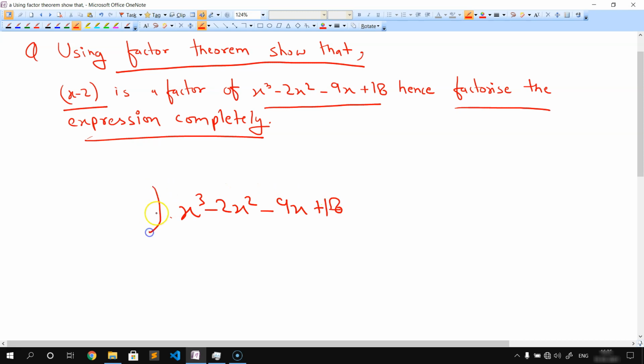We have to divide it by x minus 2. Our first term is x cube, so we will multiply our divisor by x square. It will become x cube minus 2x square.